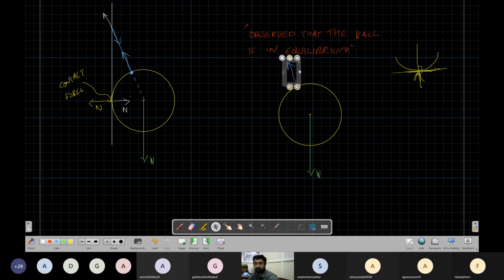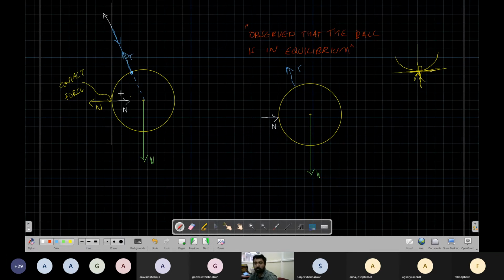And I have this normal force by the wall. I can draw it here also, by transmissibility. I will denote this force as T for tension, this as N, and this is W. I have simplified this.